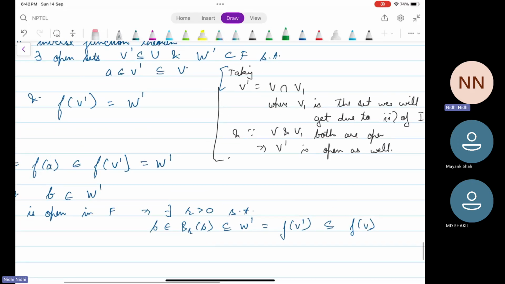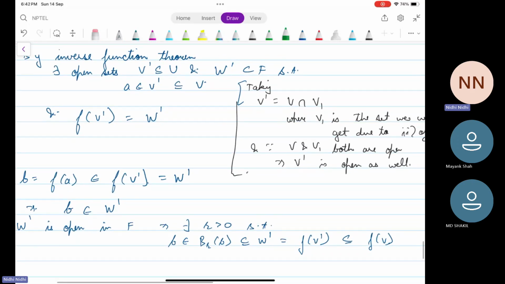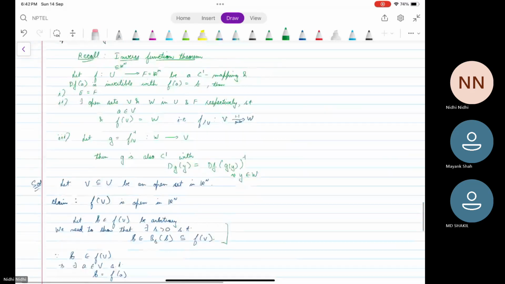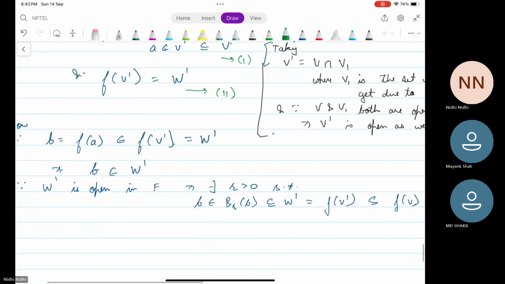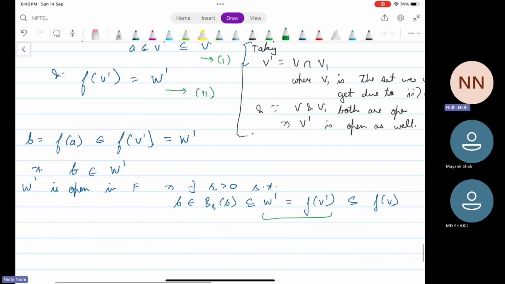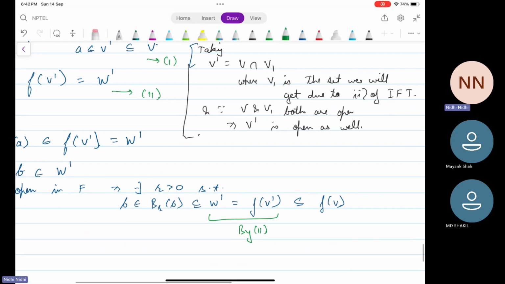So let me mark these equations, this one as 1, this one as 2. We are getting this by second, and we got this by first, because V prime is a subset of V, so FV prime will be a subset of FV.